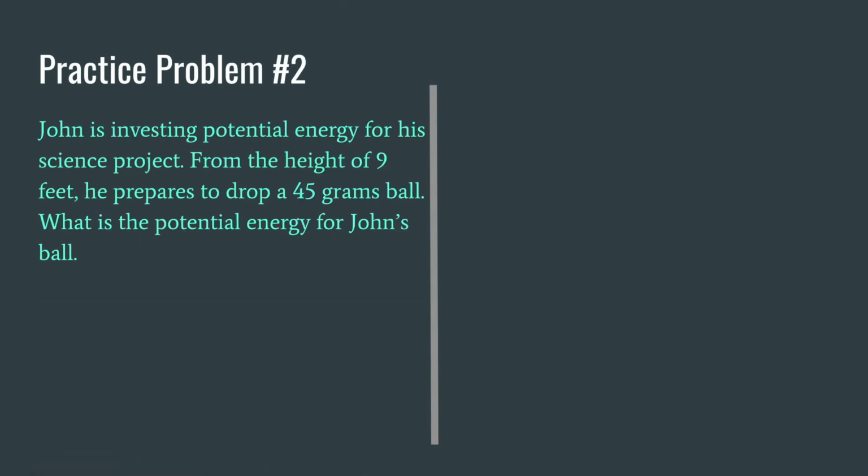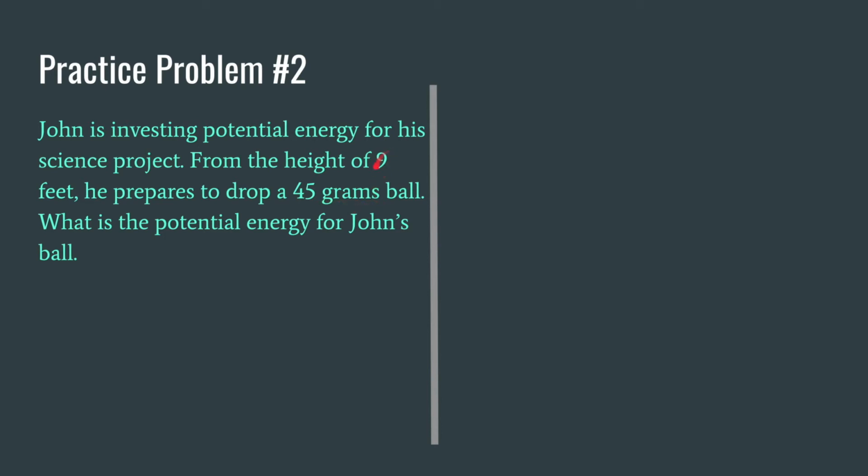Now try this problem on your own. This is a word problem, definitely, but let's see how well you do, because you can actually pull out some information. Let's just pretend that you actually solved it. Let's look at this. The height is 9 feet, and it's 45 grams.